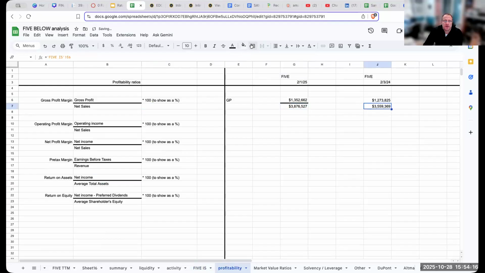So my gross profit margin is my gross profit divided by my net sales, or roughly this is going to be 34%. Over here, this is going to be about 35%. If I multiply this by 100, or just show it in a percentage format, my gross profit for the year ended February 1st, 2025, was 34.89%. Over here for February 3rd, it was 35.79%.